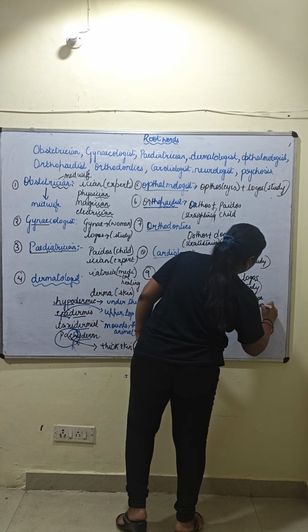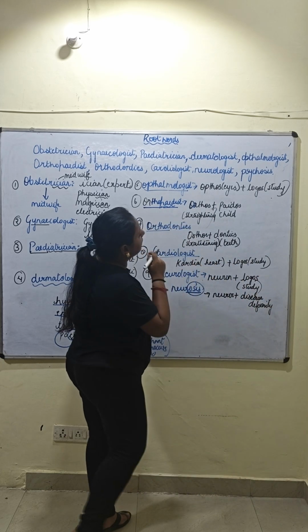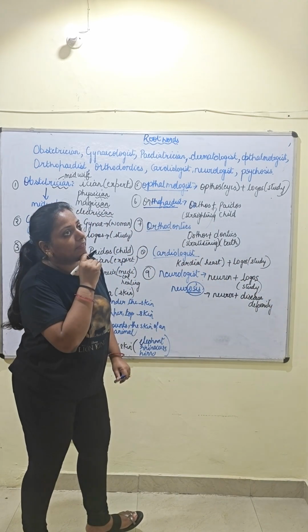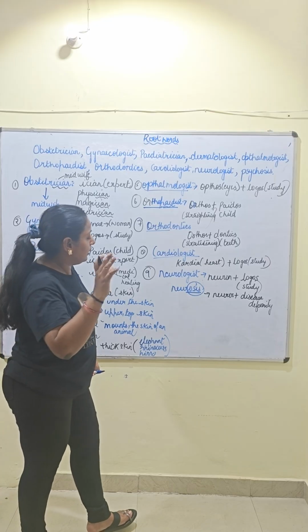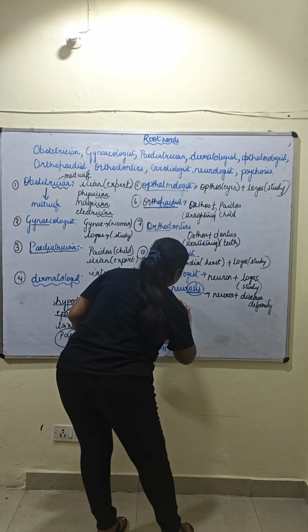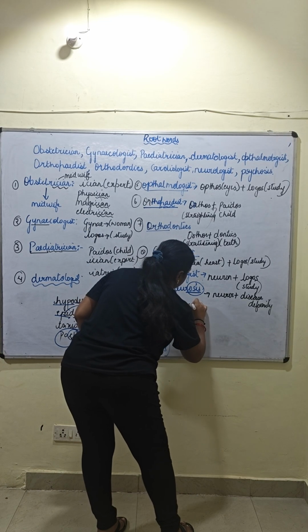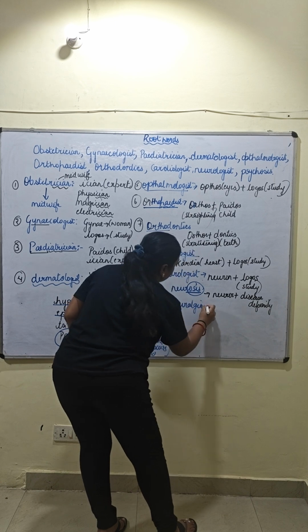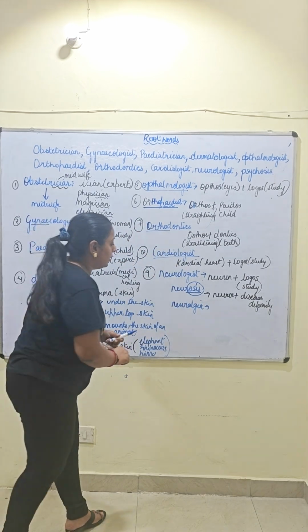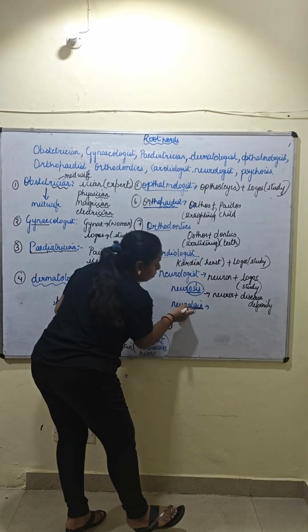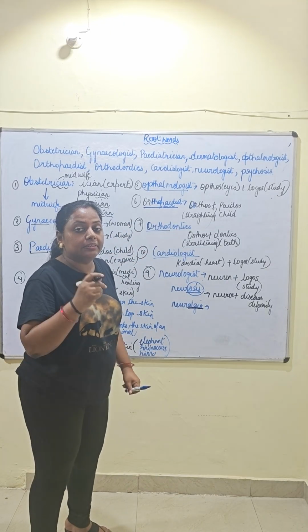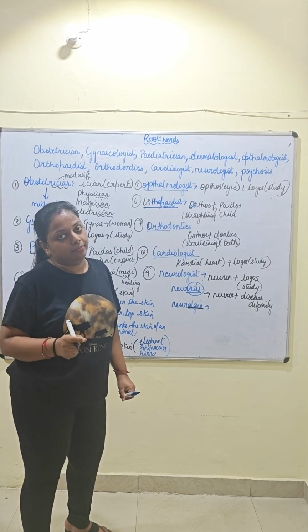There is one more word which I am missing, that has algos. Yes, neuralgia. Now this word algia, what does this mean? This means acute pain.